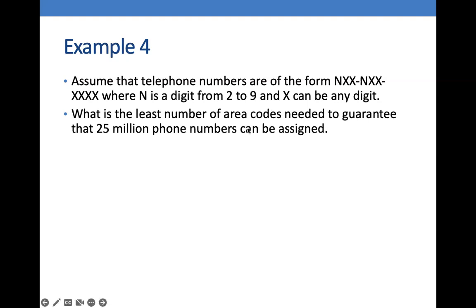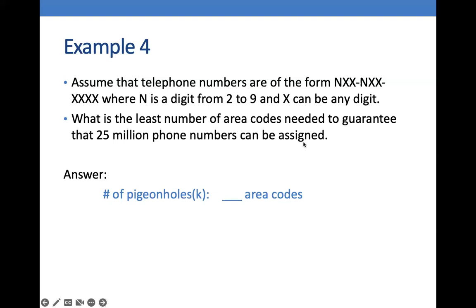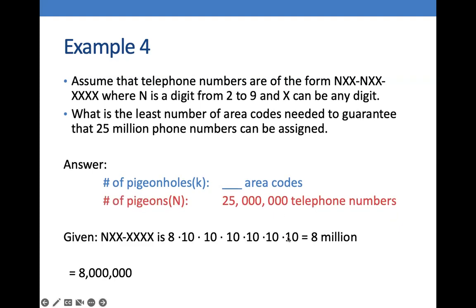Okay, so what would be the least number of area codes needed to guarantee that 25 million phone numbers can be assigned? So what we are going to find is first the total number of area codes that would be available, and we already have a given 25 million telephone numbers.